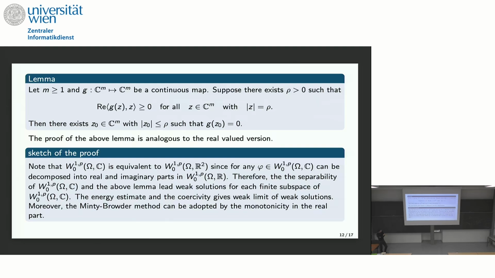The W_0^{1,p} space is equivalent to this vectorial setting, so the function space is separable. From the finite space, we apply this fixed point theorem, and if we use the monotone operator theory based on the property of monotonicity of the operator, we can also prove the Minty-Browder method and the existence of the solution.